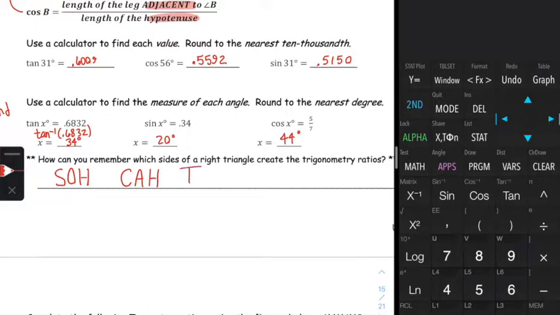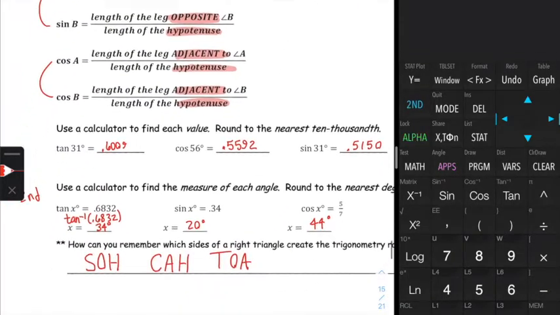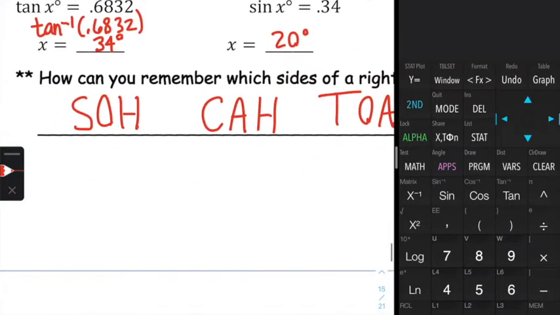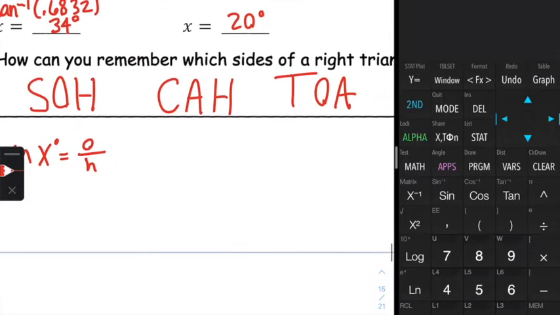Sohcahtoa helps us relate all the different things here. So the sine function, and that's why it starts with an S, the sine function of an angle, I'll just call it angle x, equals the opposite over the hypotenuse. That's what the SOH part means.